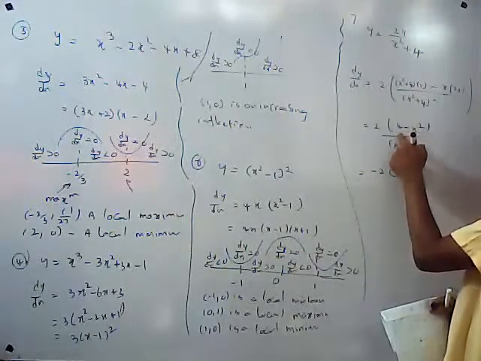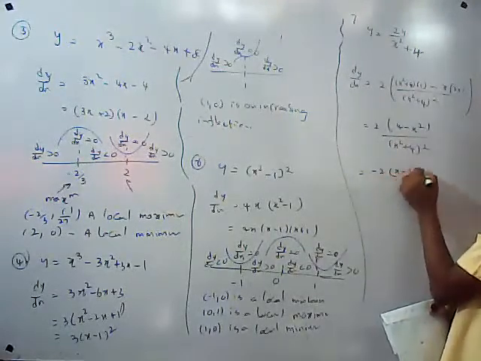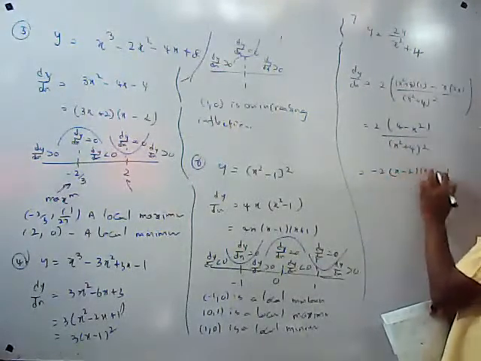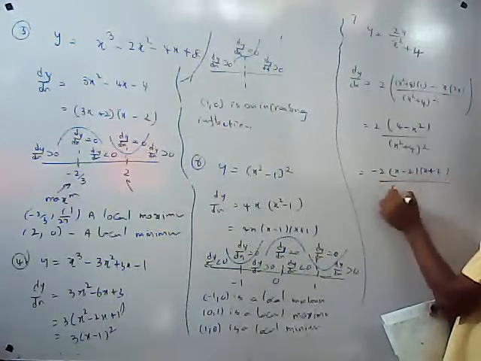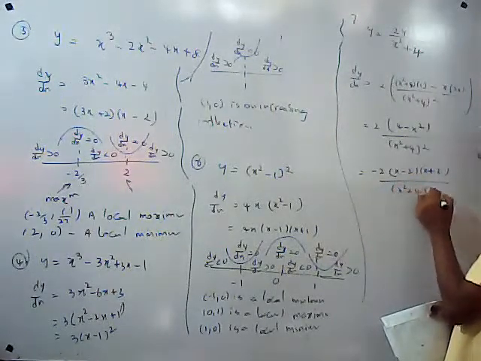Then you get x squared minus 4, which can be written as (x minus 2)(x plus 2), over (x squared plus 4) squared.